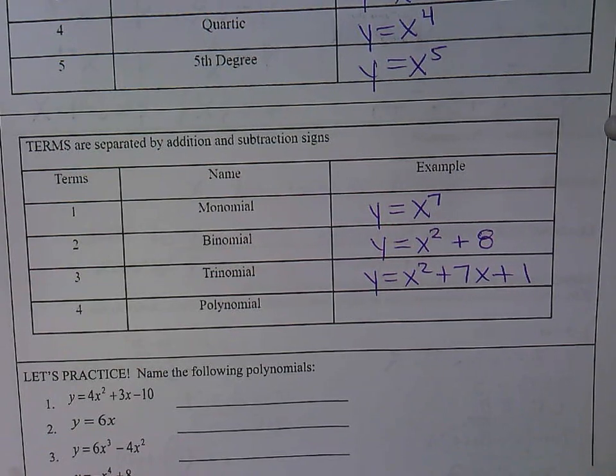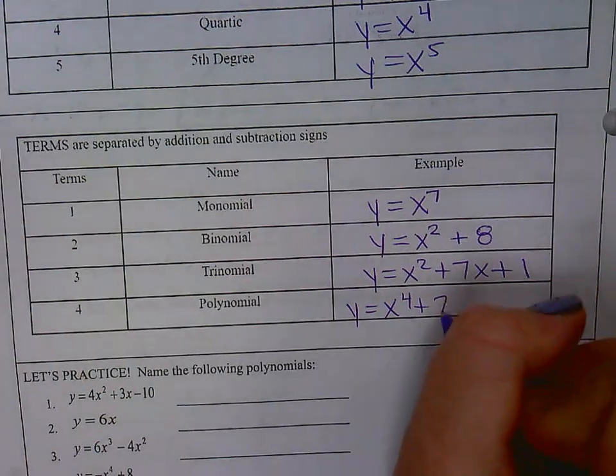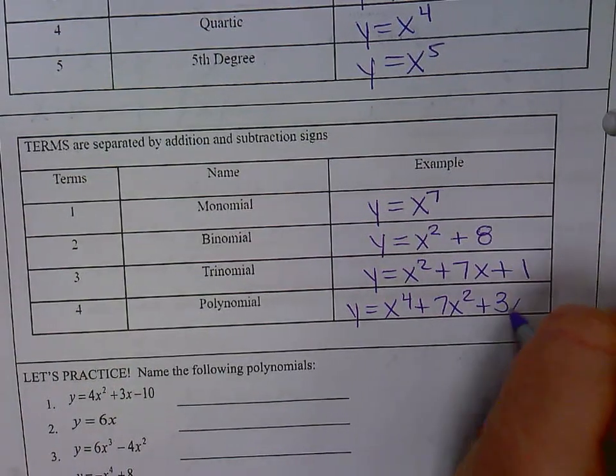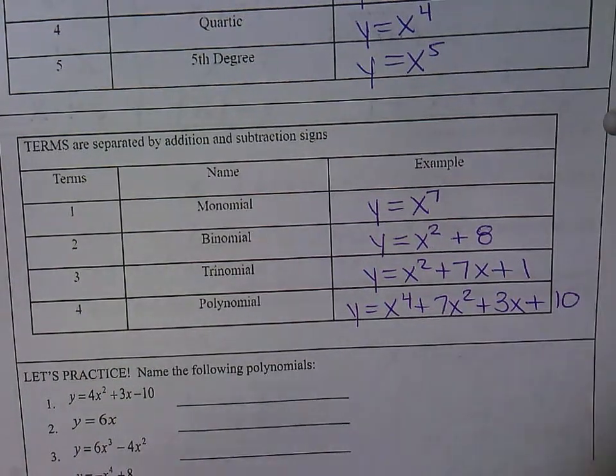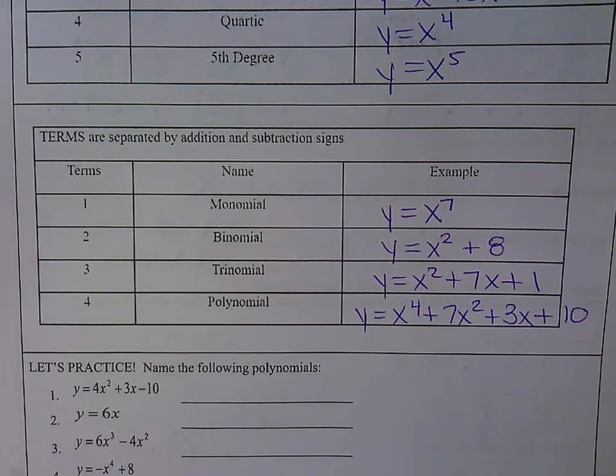So what if you had x to the fourth plus 7x squared plus 3x plus 10? That's just called a polynomial. There's 4 terms or 5 terms. So math is like learning another language, right? We're learning some new vocabulary that we're going to use this year.